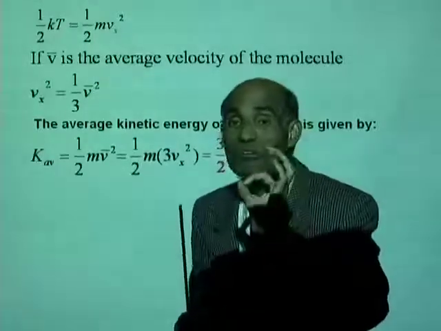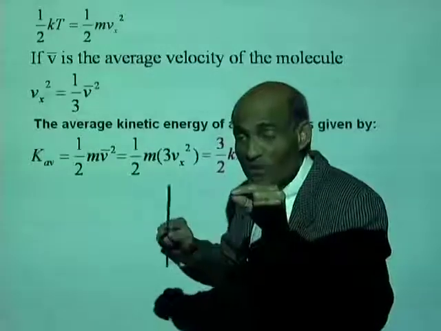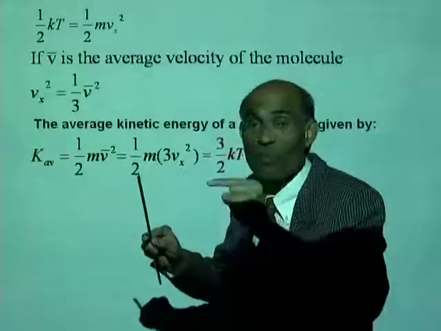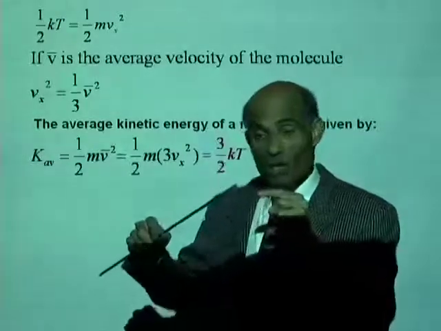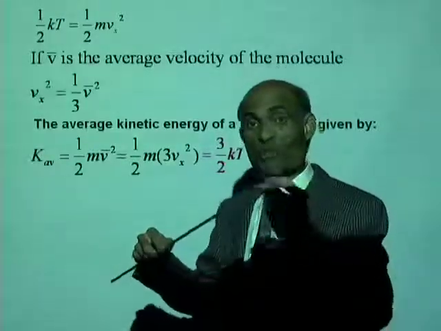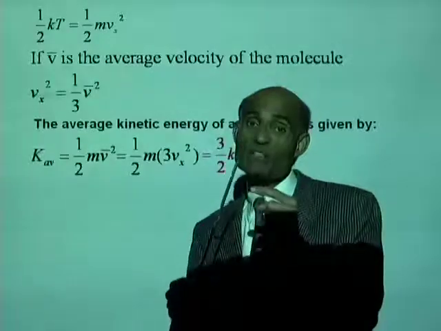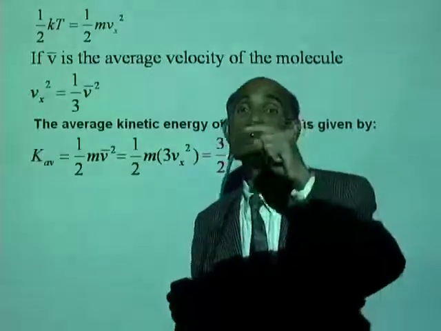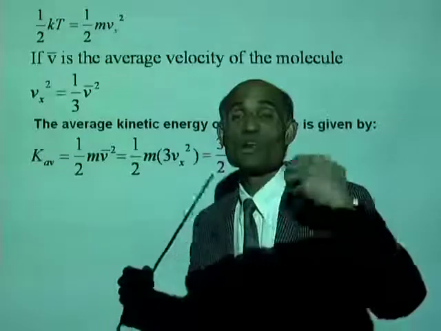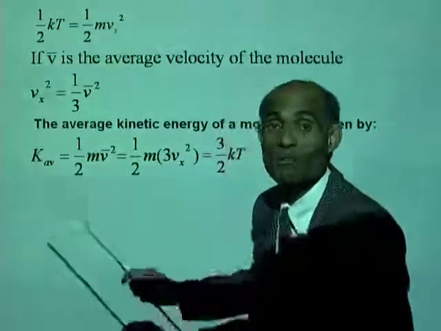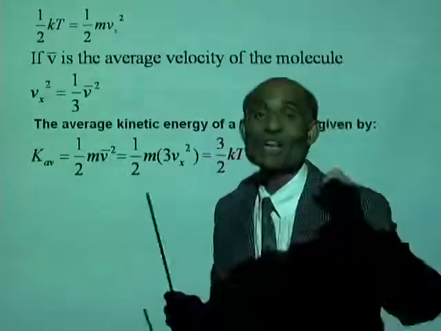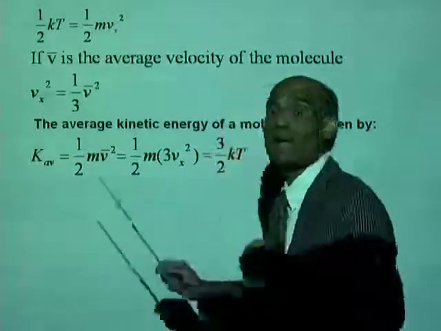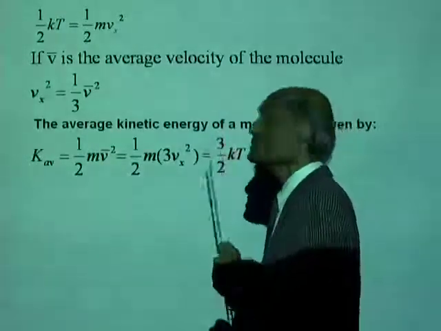The energy of a molecule in the x direction we calculated as 1/2 kT. The energy of the molecule in the y direction is also 1/2 kT. The energy in the z direction is also 1/2 kT. So the total energy of a molecule, the average kinetic energy of a molecule, is 3 times 1/2 kT, 3/2 kT.